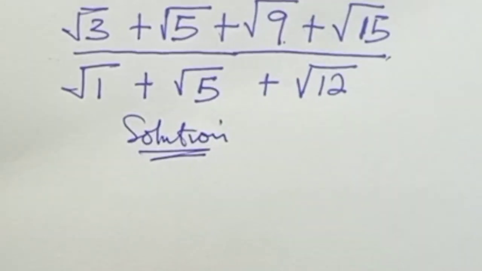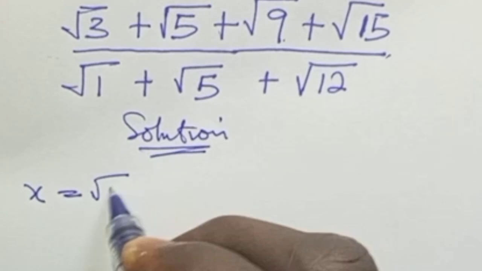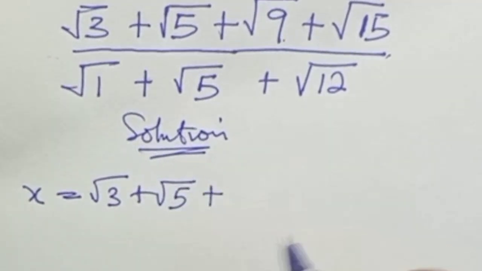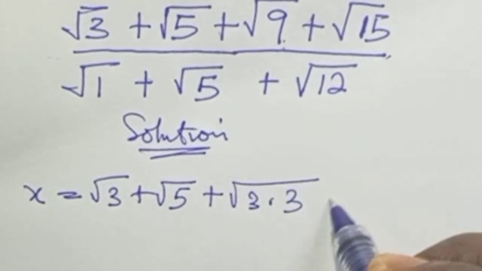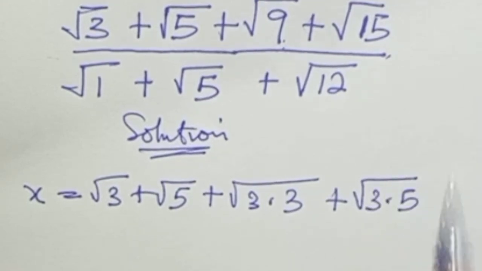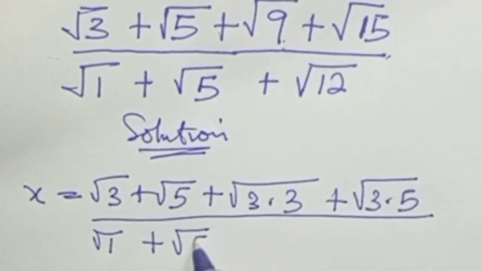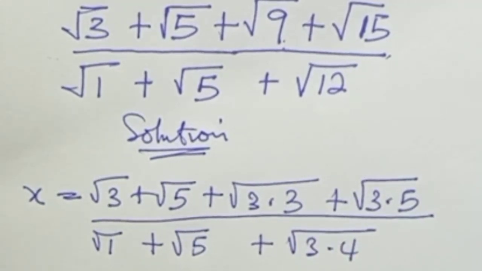We can write that x should be equal to the square root of 3 plus the square root of 5 plus the square root of 3 times 3, which is 9, plus the square root of 3 times 5, which is 15, divided by the square root of 1 plus the square root of 5 plus the square root of 3 times 4, and that is 12.